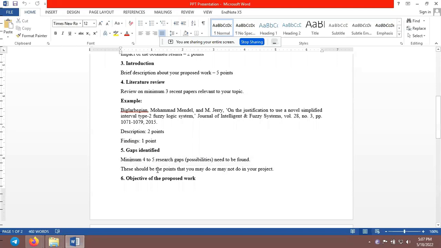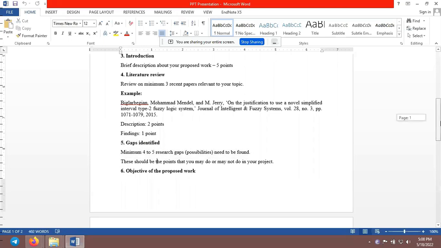You can attempt any one point or any one concept from the research gaps, and carry out that simple work in your proposed work. Here you can give 5 works, 5 possibilities, or 5 research gaps for future enhancement, but you need not attempt all of them. You can attempt any one single point from those research gaps.